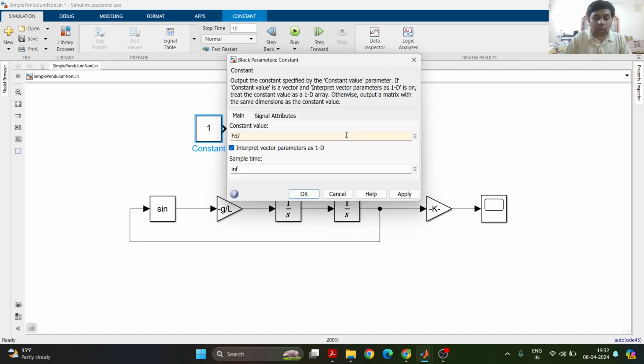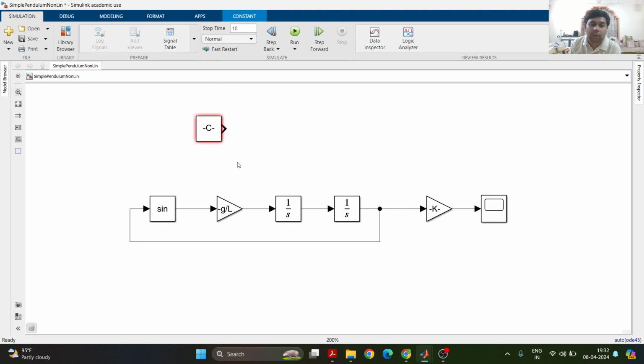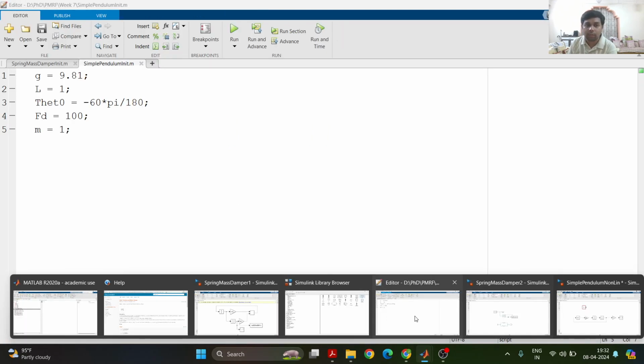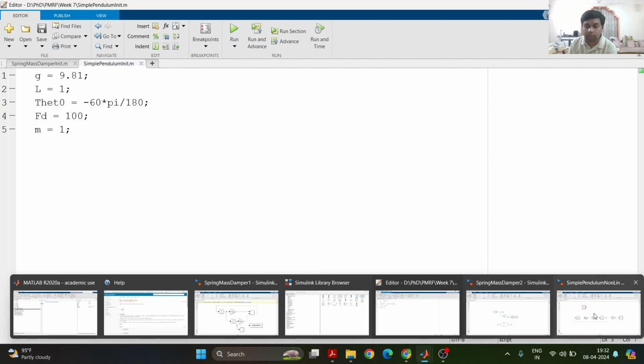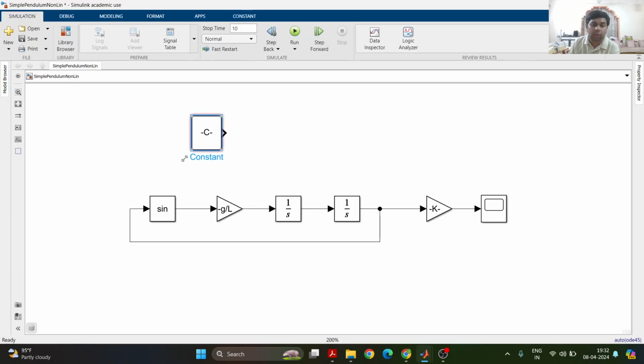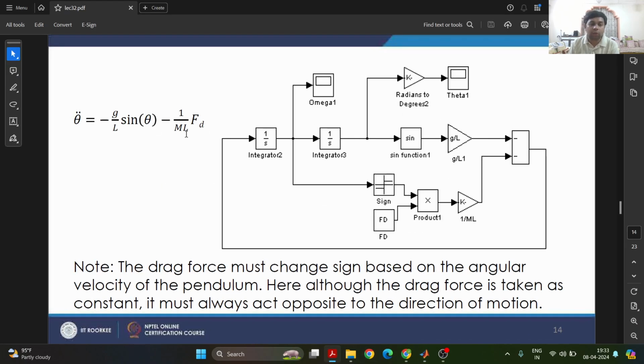So Fd into m into L upon, that is the required value of the drag force related term in the angular acceleration.